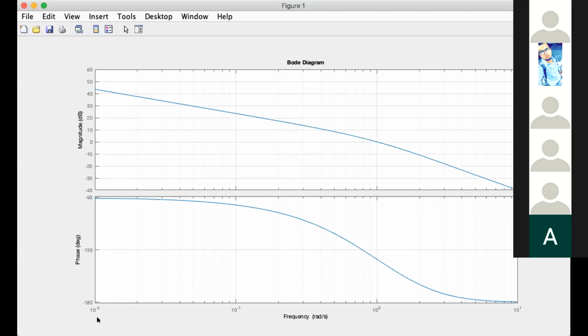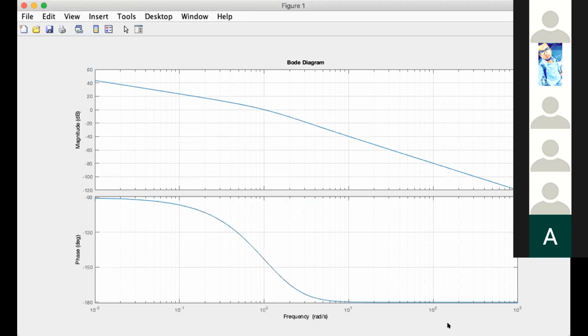Starting from 10 to the power of -2, which is 0.01, 0.1, 1, and 10. What else you can do? You want to make it 5 decades, also can, by using the properties. Instead of 10, we put 100, 1,000. Close.